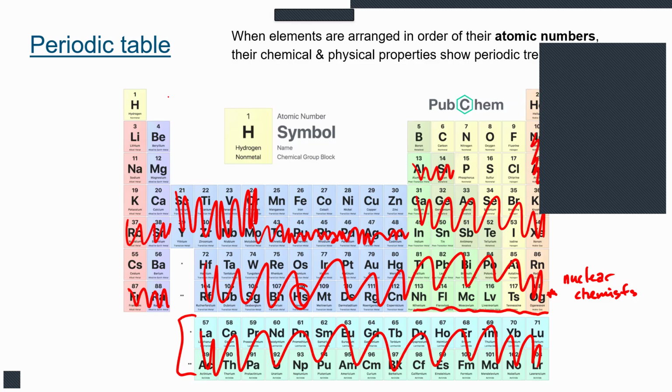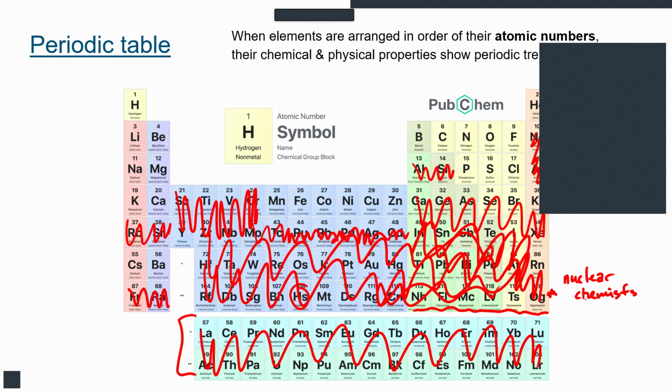Okay, so as a biochemist, these are the elements, the ones that don't have any scribbling on them. Those are the ones that I encountered at any point in my research career. So not a whole lot of them.